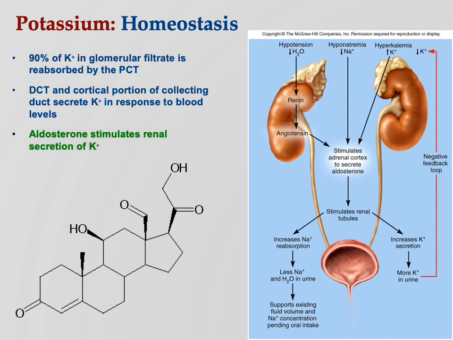Aldosterone, remember, is the hormone that causes you to save sodium, but at the same time causes you to excrete potassium. So that's why hyperaldosteronism could lead to both hypernatremia and hypokalemia. Think about that. That makes sense, okay? You're going to get rid of potassium and save too much sodium.